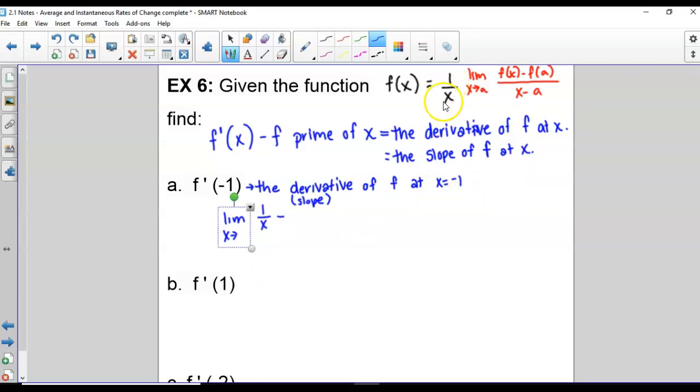If I plug in -1, what will I get there? -1. So f of -1 is -1, all over x minus -1. So that is the limit as x approaches -1 of 1 over x plus 1, all over x plus 1.